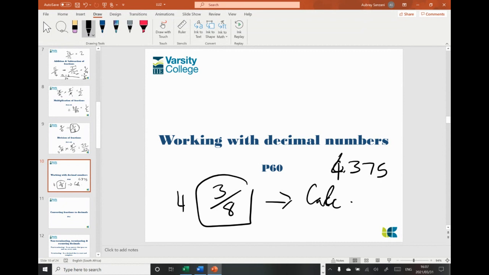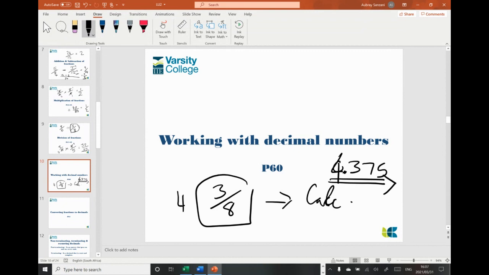Then plus the 4, this becomes 4.375. That's your final answer, putting it in decimal numbers.